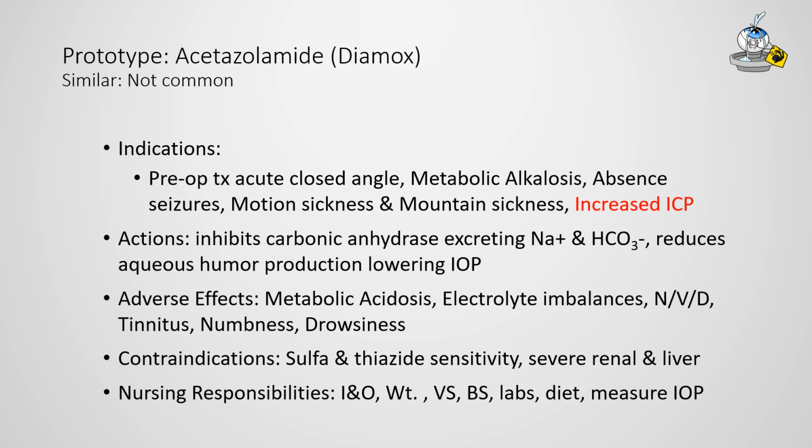Look at the first one, metabolic acidosis. Because of the way it works, it can lead to a metabolic acidosis. And we know how much the body dislikes changes in the pH. So that would be one to remember for this drug, that it can cause a metabolic acidosis.